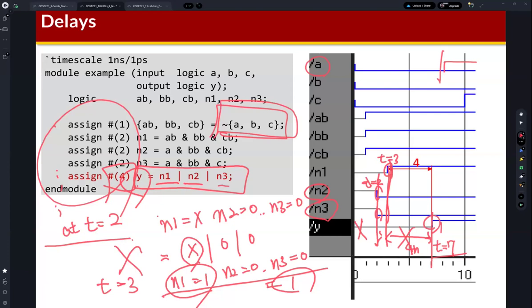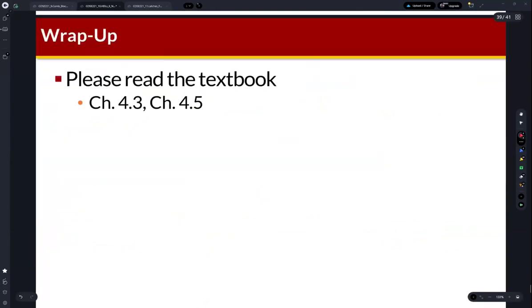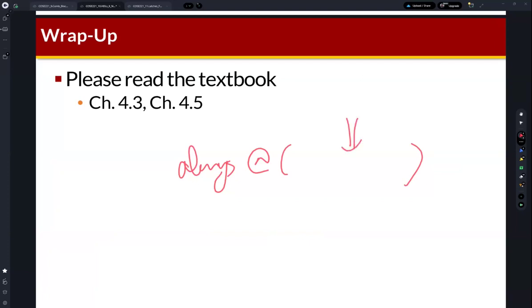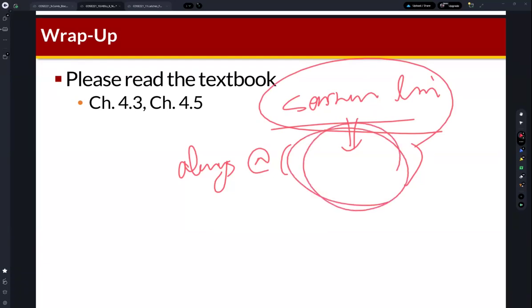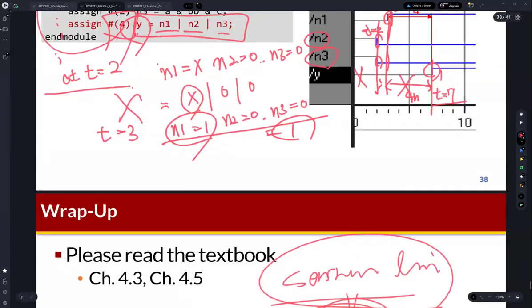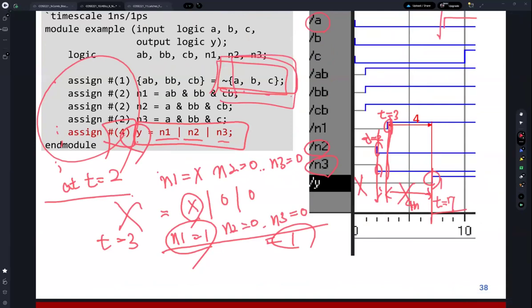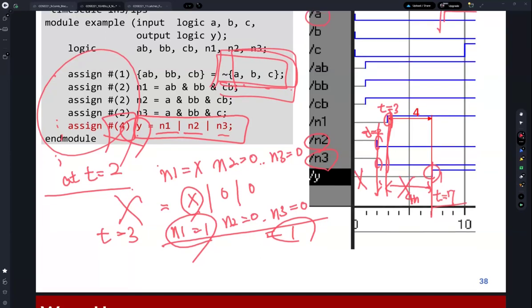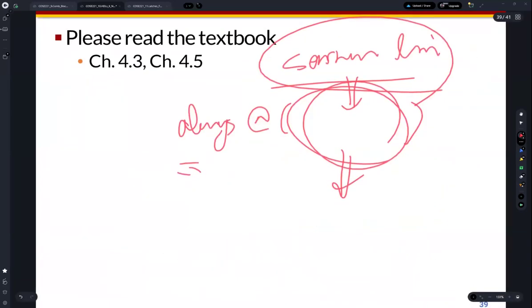We can understand the always statement like this, because the always statement also includes the sensitivity list. Which means if the signals in the sensitivity list are changed, then the always statement will be executed, right? In the assign statement, A, B, C are actually the signals in the sensitivity list. So this is the main difference.